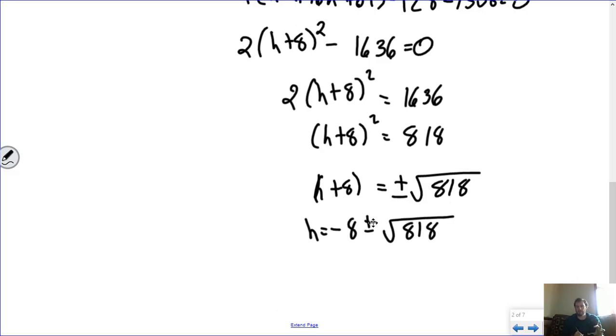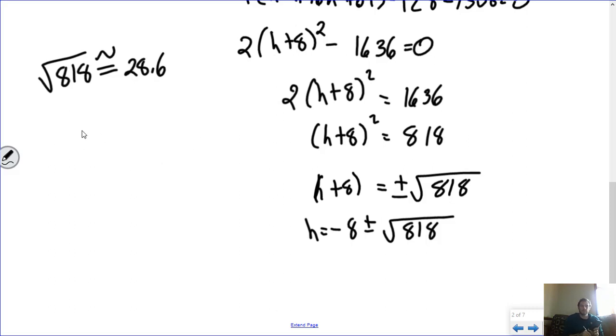Now, this might not mean much if you were going to go to the store and buy a TV and you were looking for specific dimensions, right? Using this terminology really probably doesn't make much sense. But what we can do is start rounding, right? So the square root of 818 is approximately 28.6.